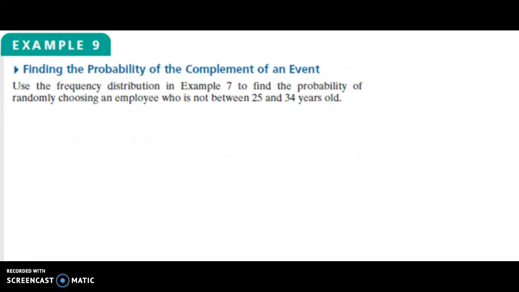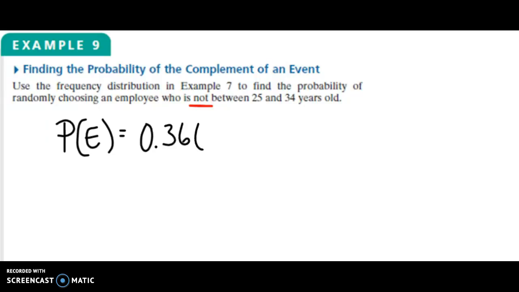Example 9 says use the frequency distribution in example 7 to find the probability of randomly choosing an employee who is not between 25 and 34 years old. Well, if we look back, the probability of choosing someone between 25 and 34 years old was 0.366.